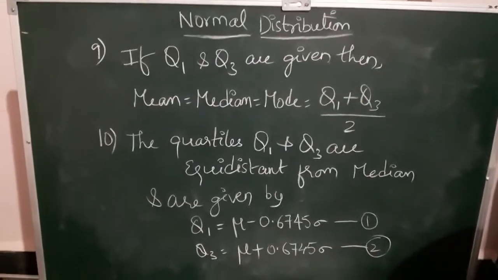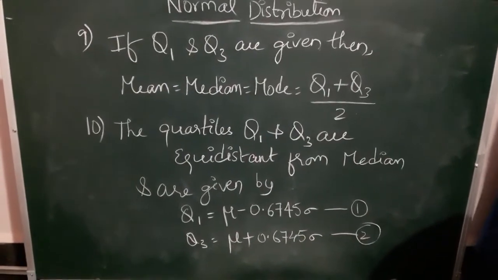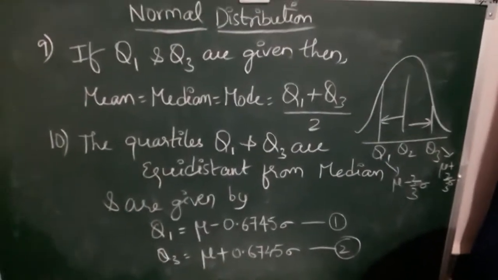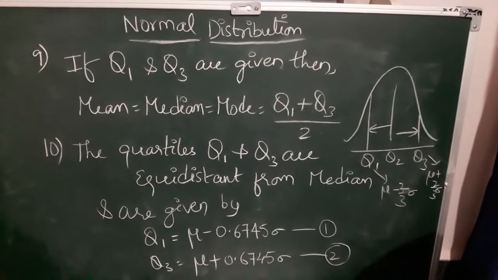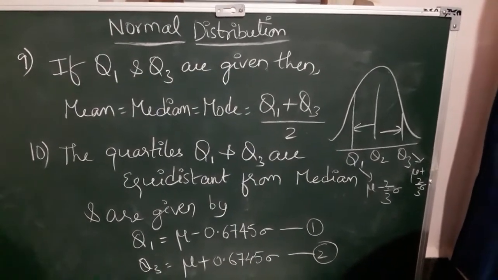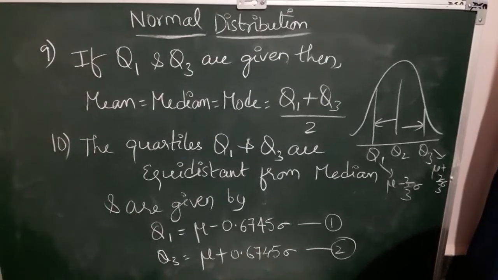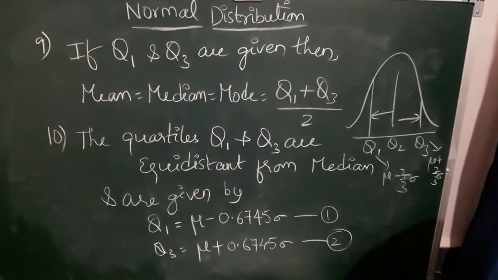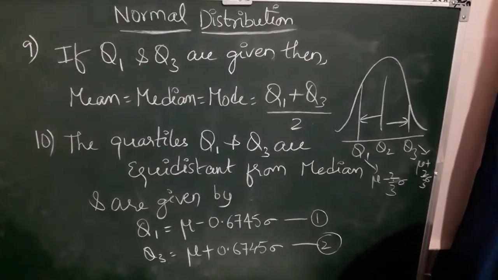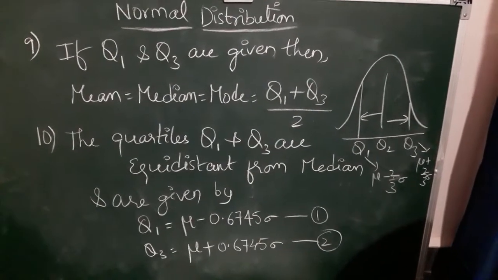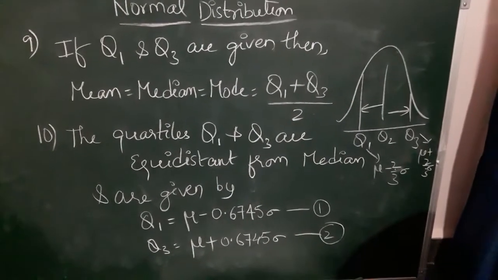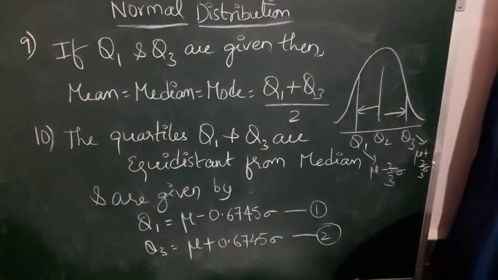So Q1 is on the left side in a normal curve. Look at the curve: Q1, Q2, Q3. The median is equidistant from Q1 as well as Q3, right? The quartiles Q1 and Q3 are equidistant from the median. Mu minus 2 by 3 sigma is the area covered for Q1, and mu plus 0.6745 sigma for Q3.